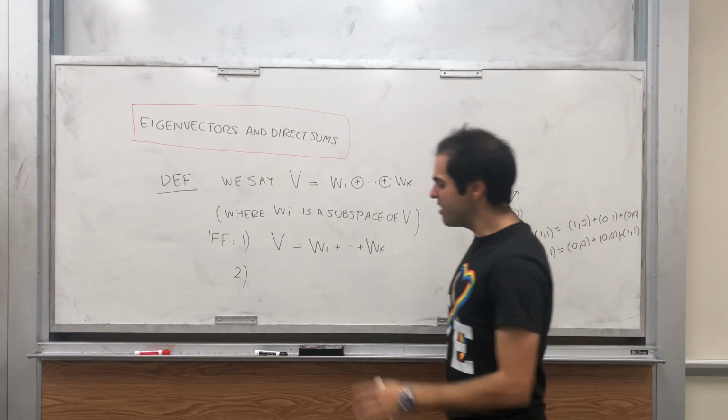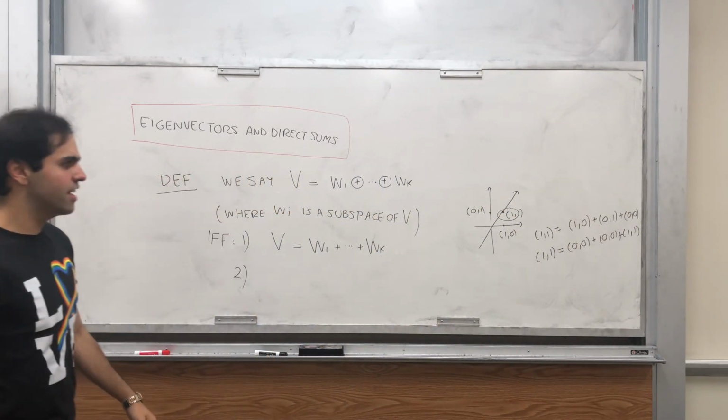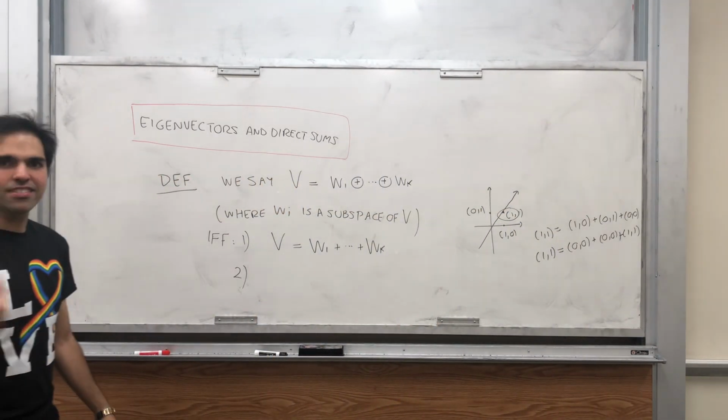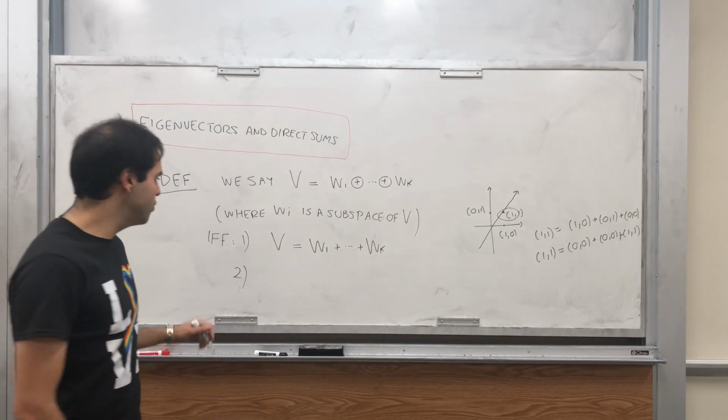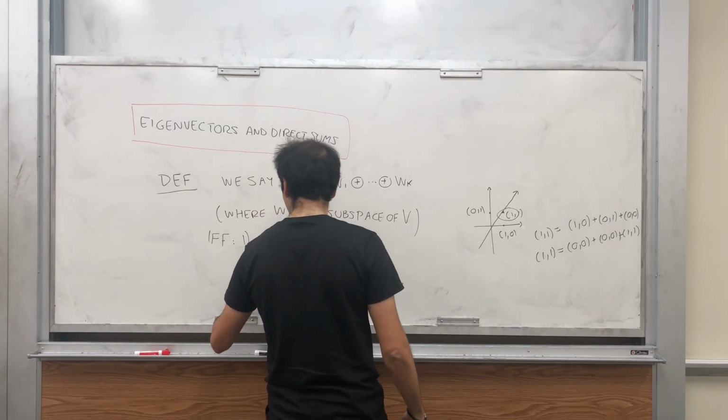So in some sense we don't have a uniqueness statement here, but for a direct sum we do have an analog of uniqueness, which is as follows.